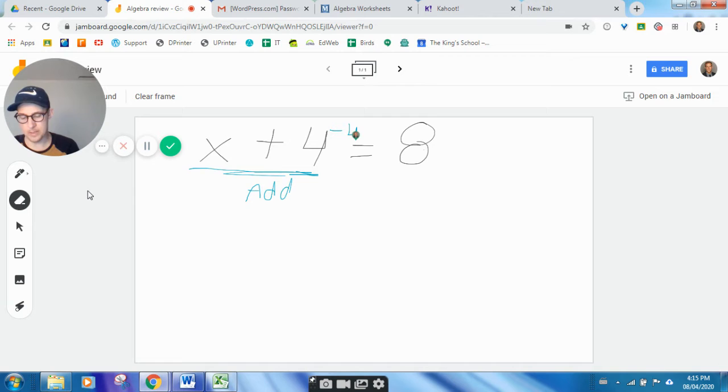So I want you to write this down. We're going to take away 4 from both sides. When we do that, there's no longer a 4 on this side of the equation, okay? There's no longer a 4 here because we've just taken it away. x, now that's crossed out. So then we can say that x is equal to 4. Okay, let's take a look at the next one.